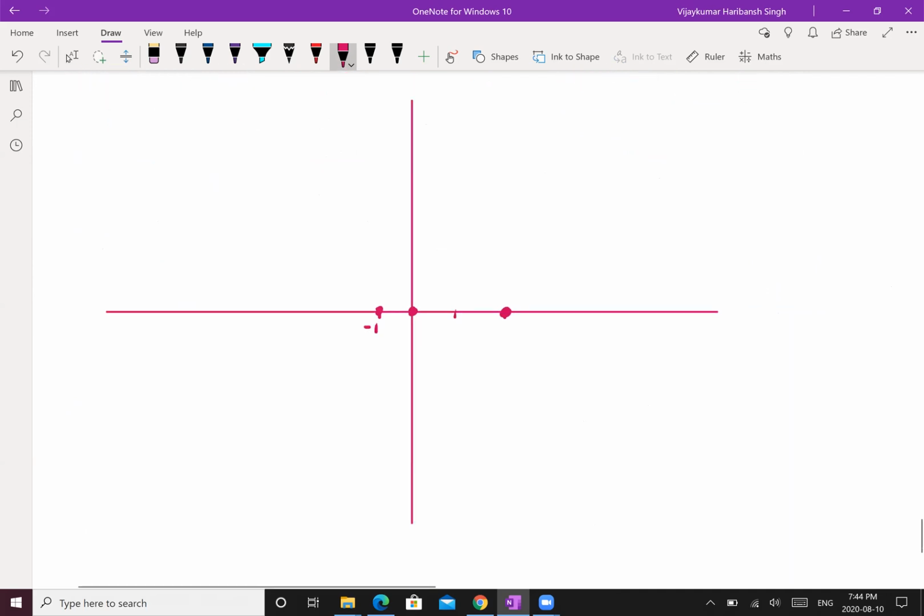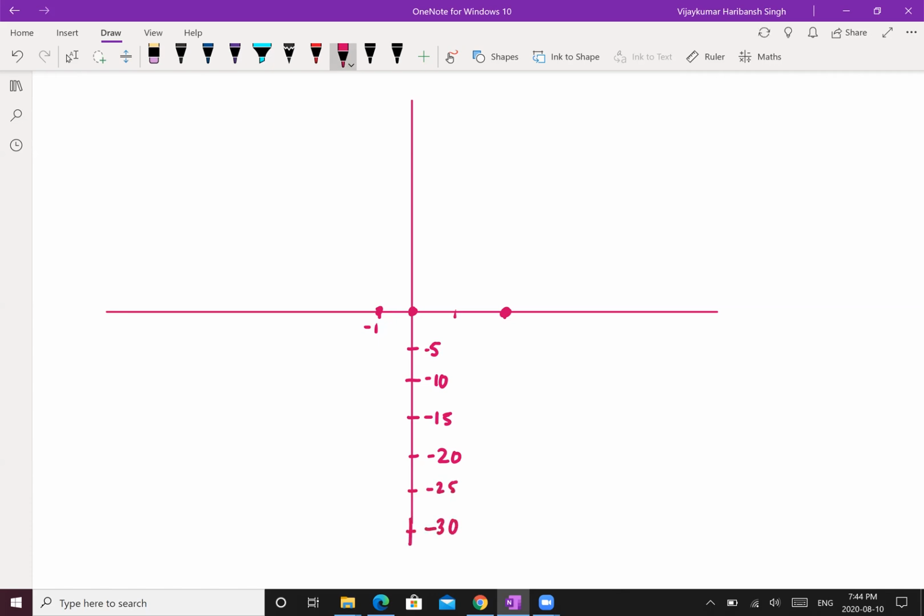So we need to scale down the graph. We'll go 5, 10, minus 5, minus 10, minus 15, minus 20, minus 25, minus 30.